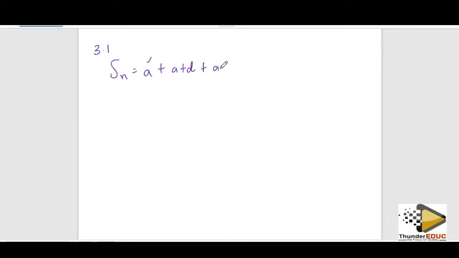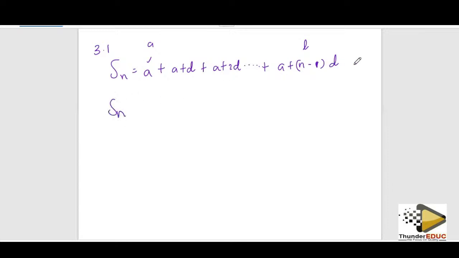Our third term is going to be a plus 2d, and so on and so forth. Because it's an arithmetic, we just keep on adding d. It's the only difference. And then we can have our last term as a plus n minus 1 into d. Some people prefer using the letter L, no problem.